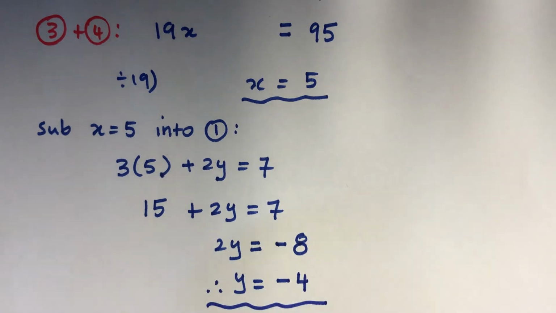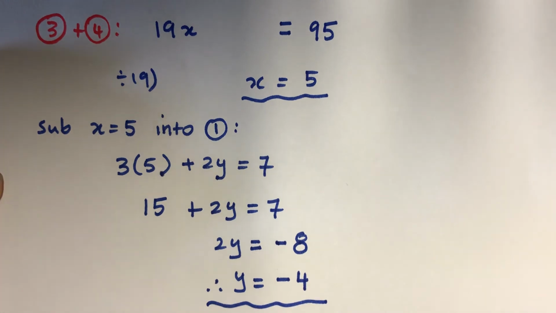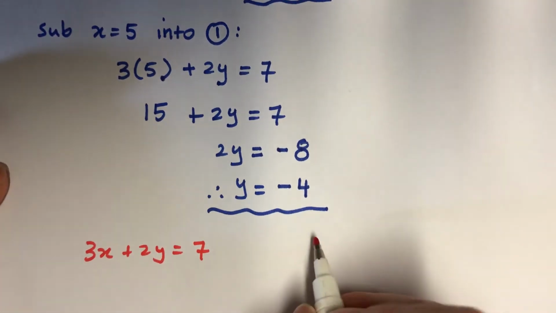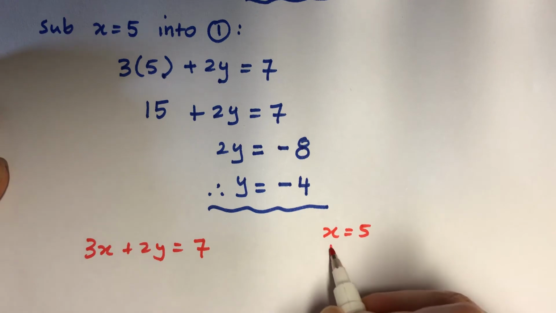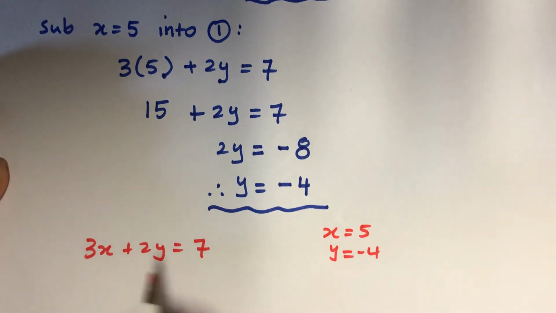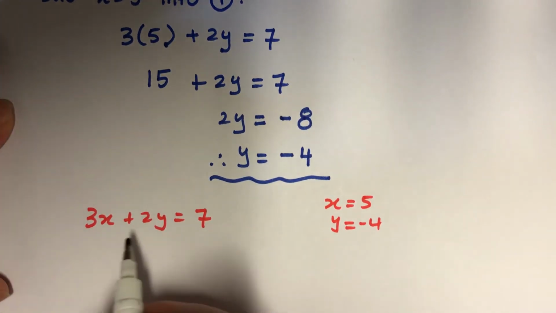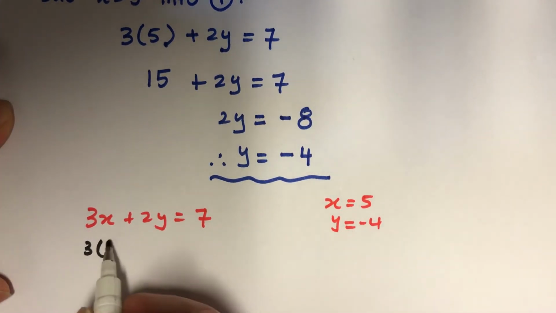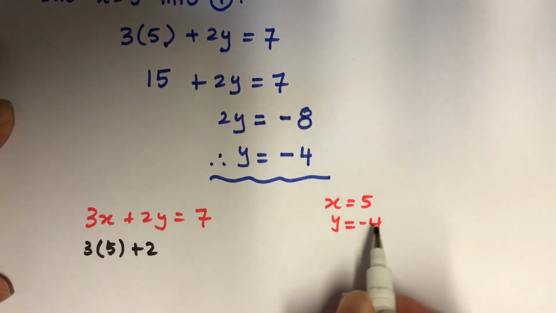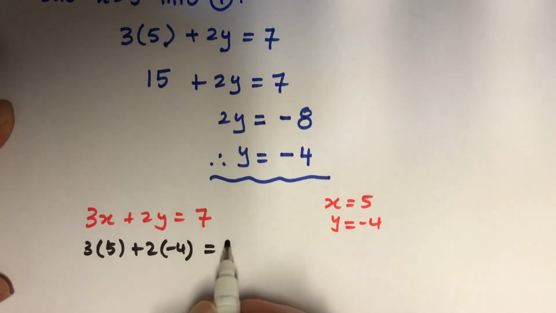So now after this, you need to check. Make sure you check whether it all makes sense to you. I'm going to use the first equation, which was 3x plus 2y equals 7, and substitute x equals 5, y equals minus 4 in here to see whether it does make sense. 3 times 5 plus 2 times minus 4, it has to be 7.